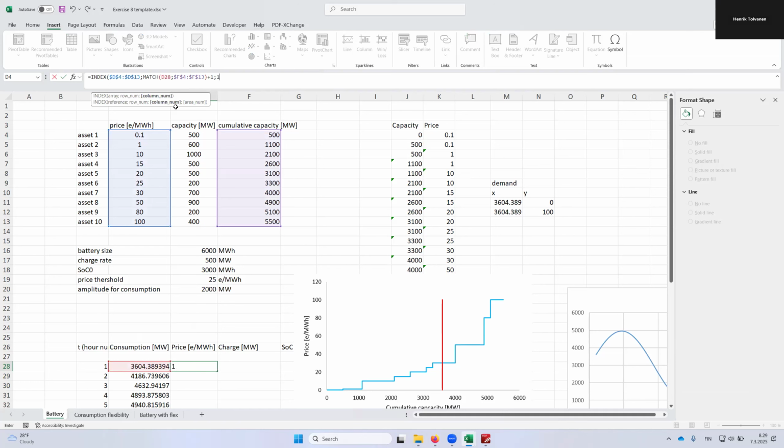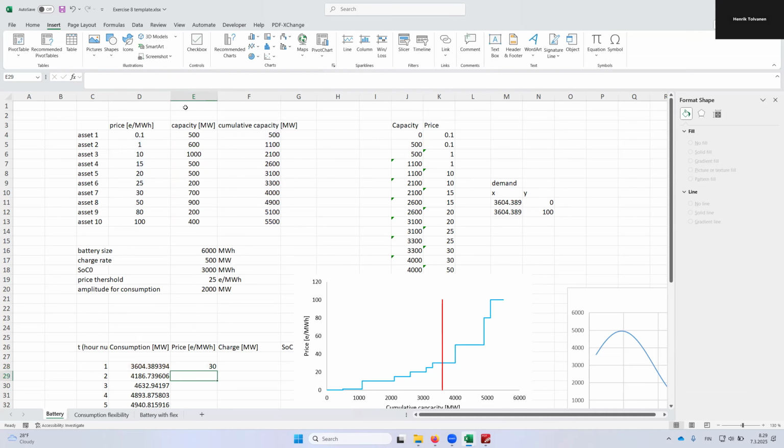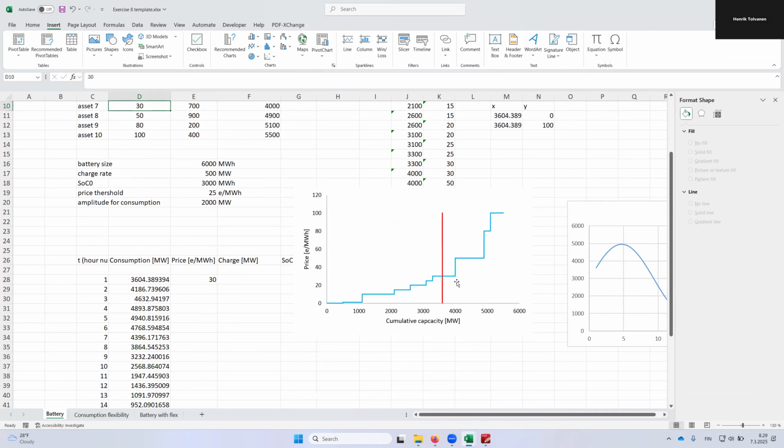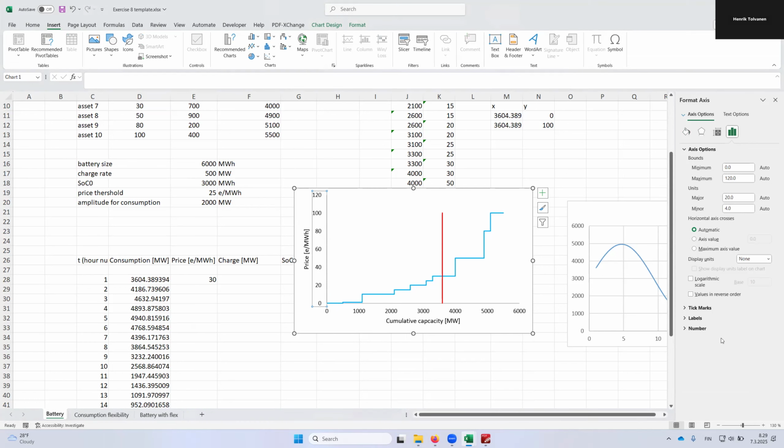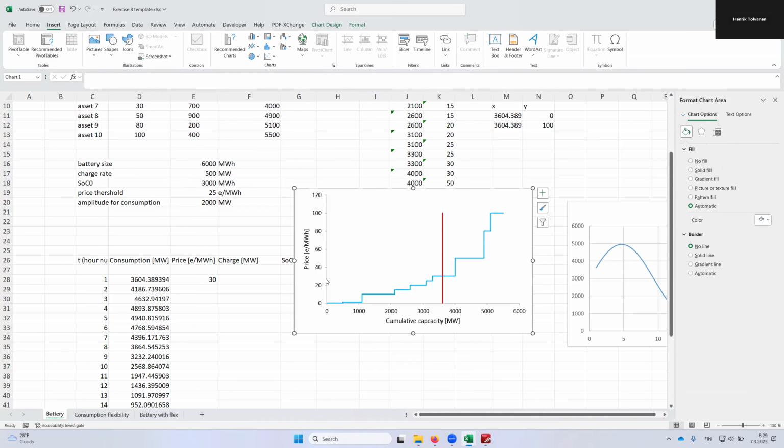And the column number is going to be 1. So it returns us the price 30, and in this case, it seems to be correct. I'm going to add the tick marks in here, so it's a bit easier to see. Yeah. So it's right in the middle in here, it's 30.